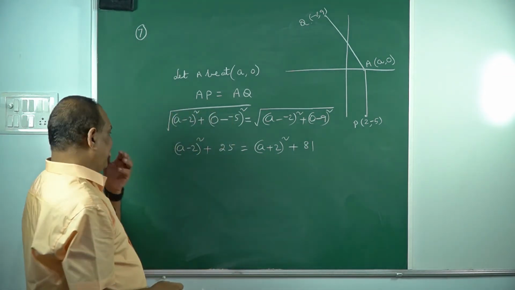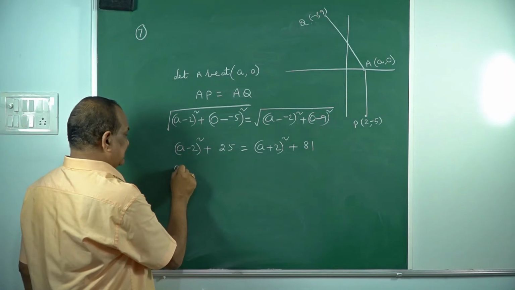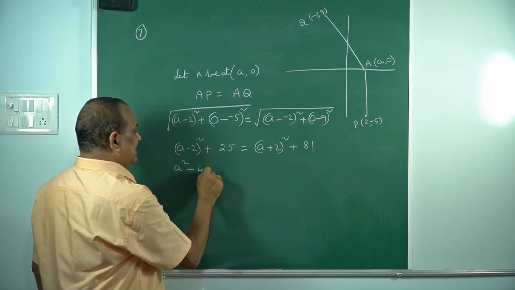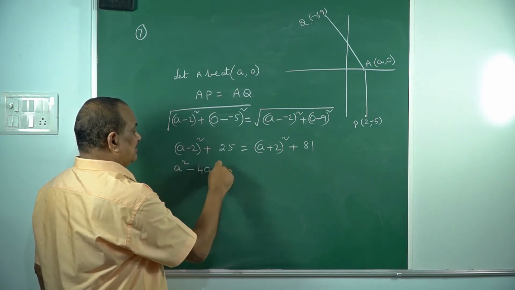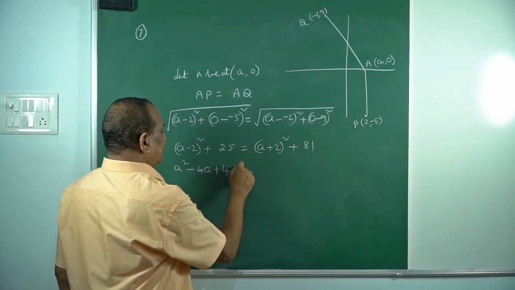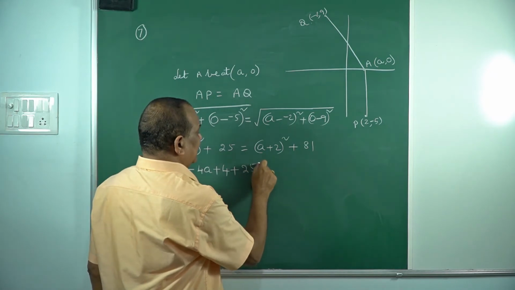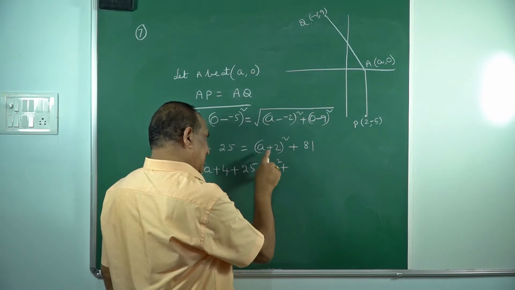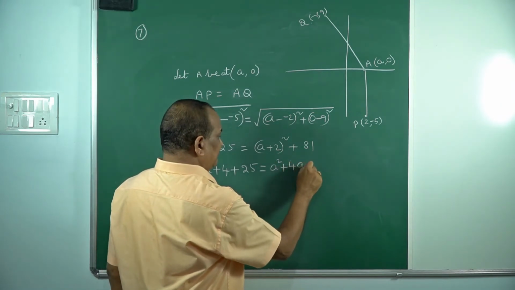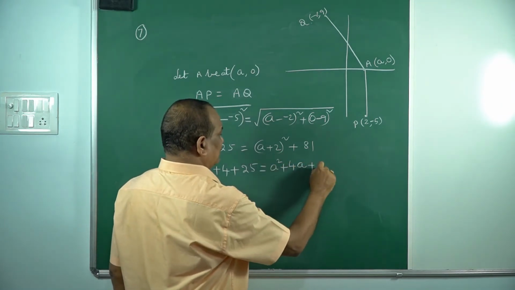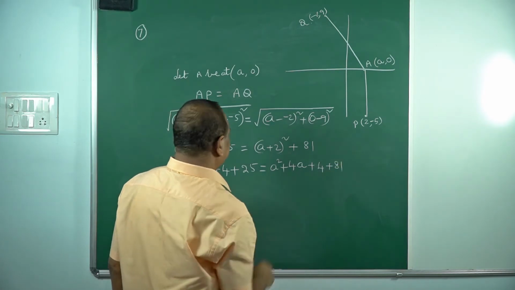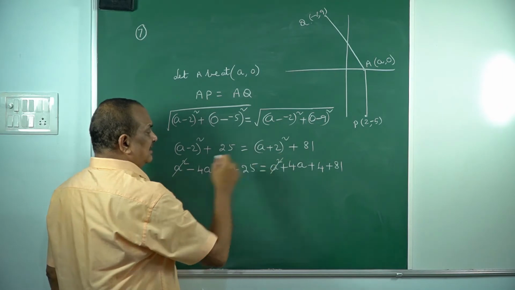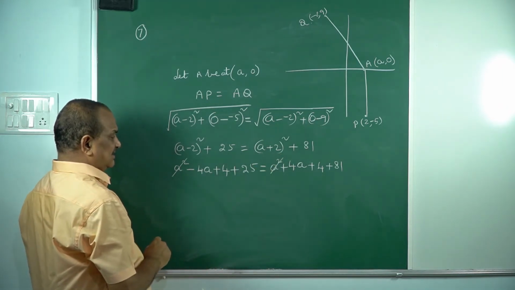My next step is to expand this. Using the (a minus b) whole square formula, a square minus 2 into a into 2, 4a, plus 2 square is 4. I have 25 here, equal to, expanding (a plus b) whole square, a square plus 2 into a into 2, 4a, plus 2 square is 4, plus 81. I can eliminate a square and a square.